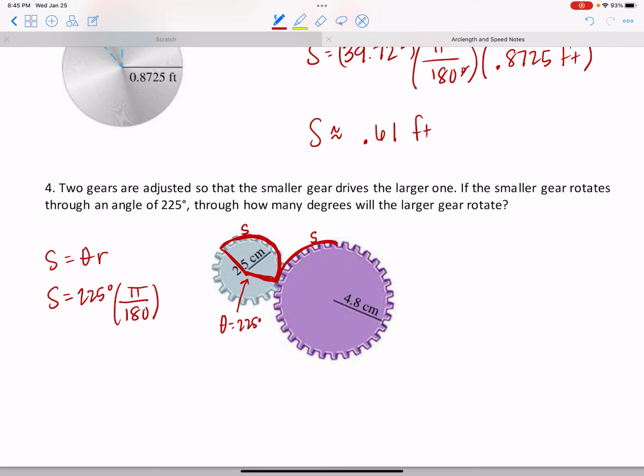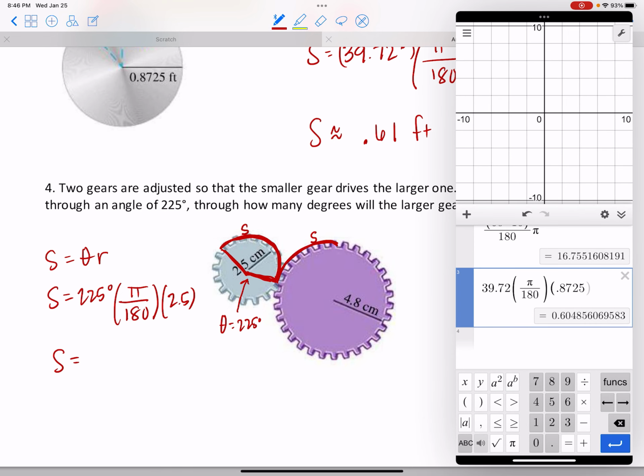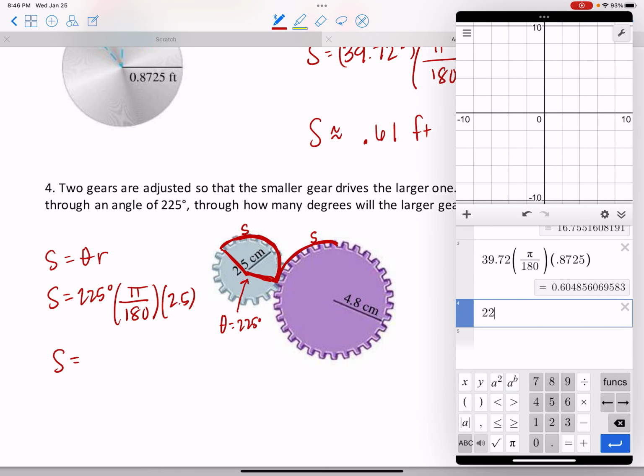Anyway, side note. And then we're multiplying by a radius, and I wrote through it, so I cannot read it. 2.5.